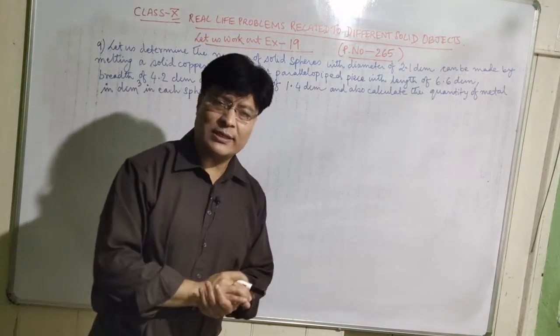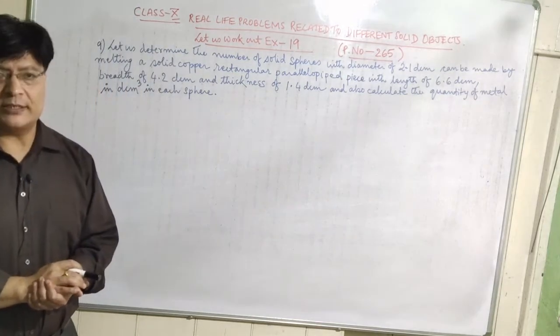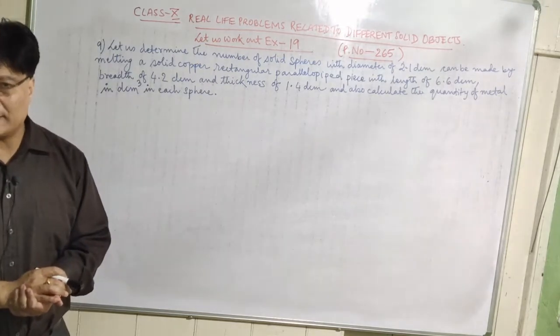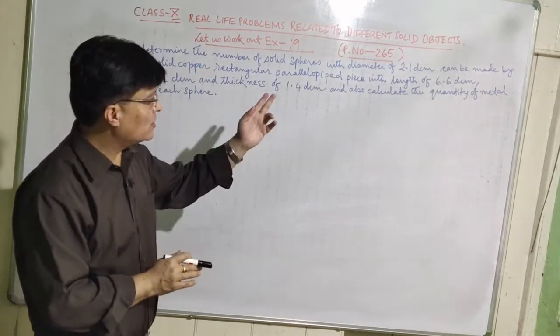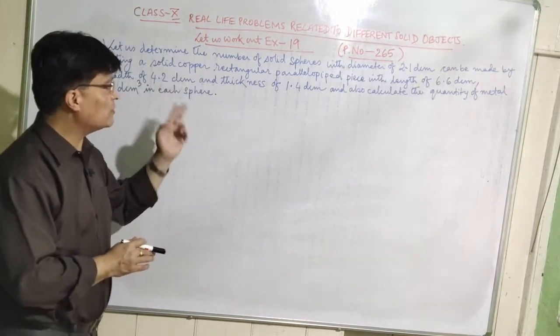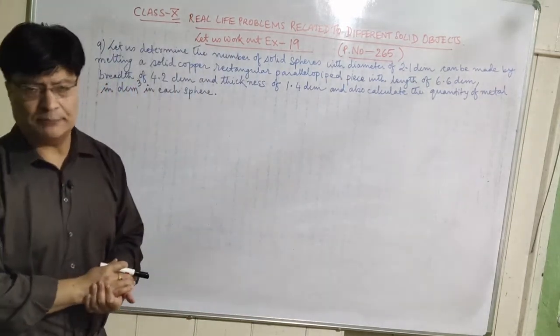Here, what is the question saying? There is a solid copper rectangular parallelepiped. There is a cuboid whose length is 6.6 decimeter, breadth is 4.2 decimeter and thickness, that is the height, is 1.4 decimeter.